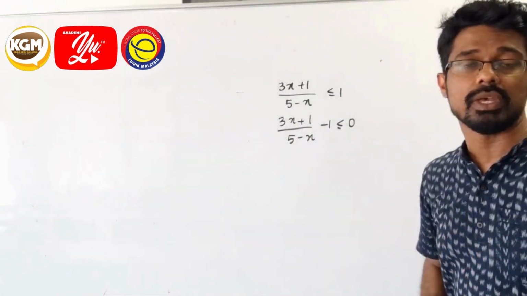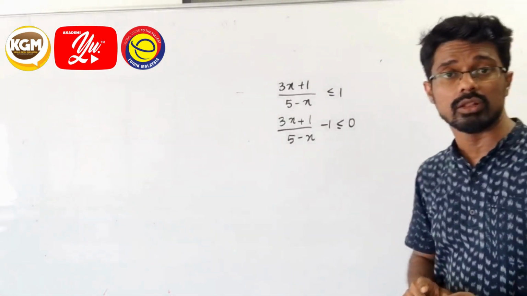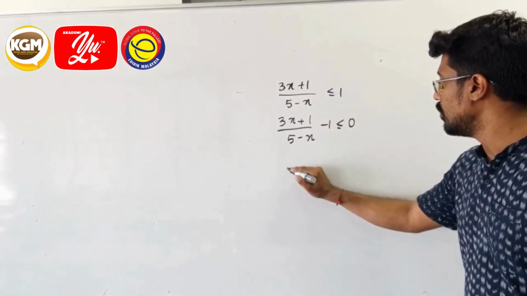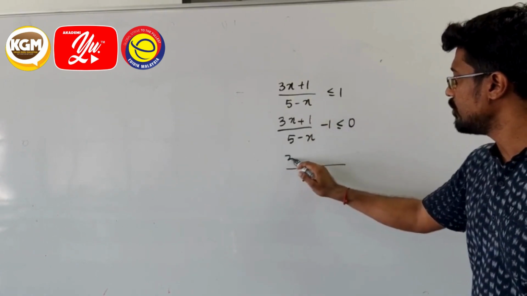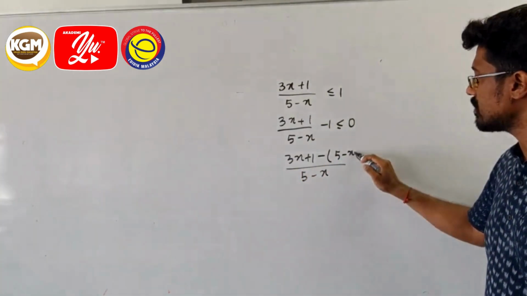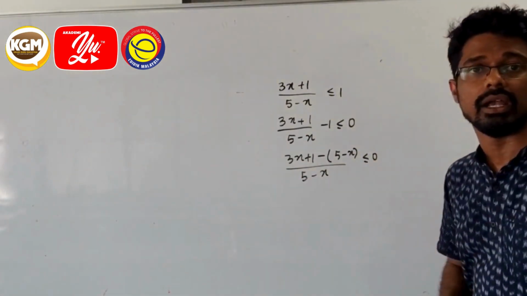Now this is just becoming a fraction problem. The denominators are not the same, so I'm going to make the denominator the same. At the bottom I get 5 minus x, and the numerator is 3x plus 1 minus (5 minus x), less than or equal to 0. I simplify my numerator.